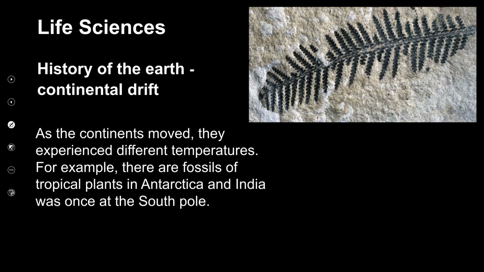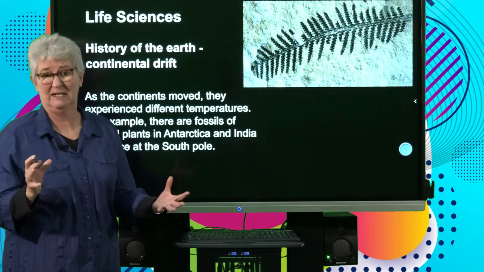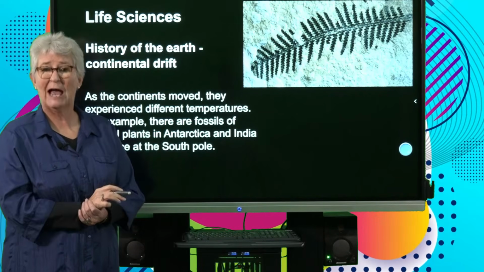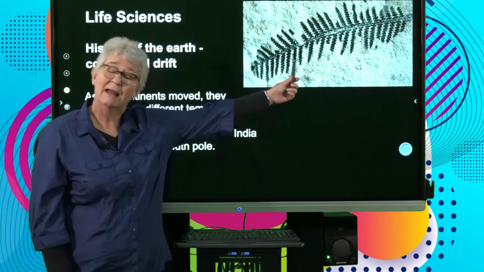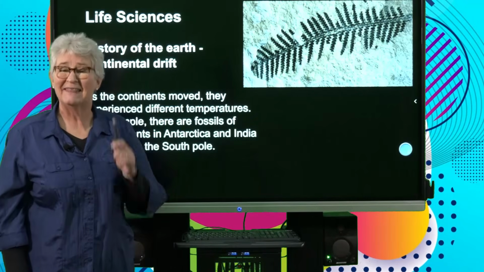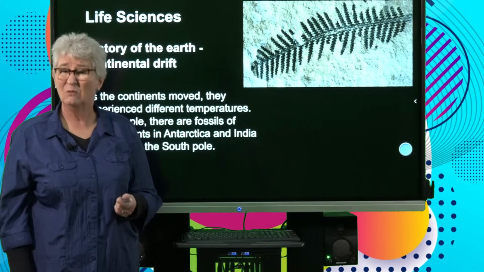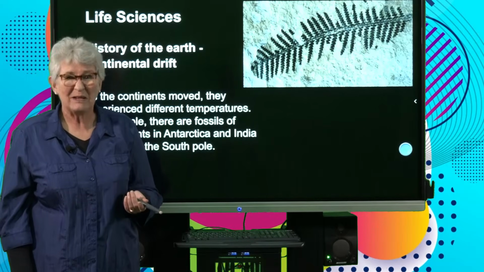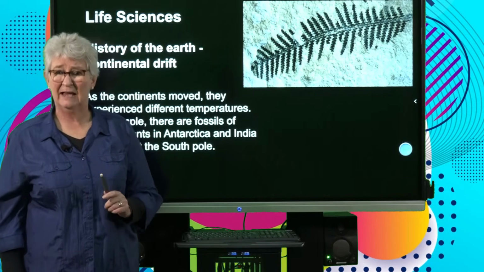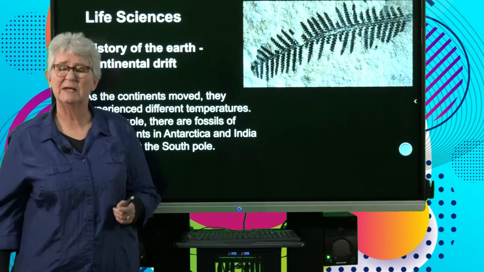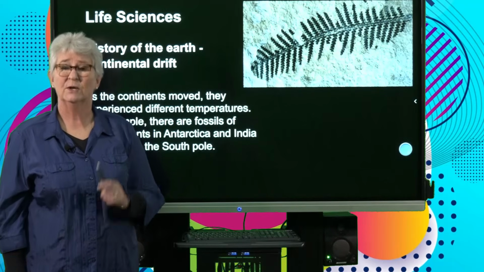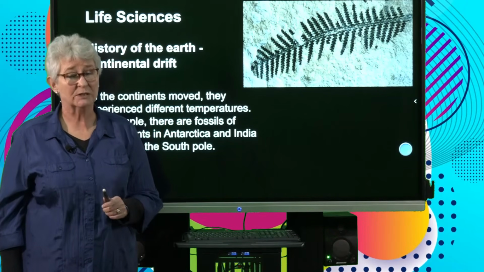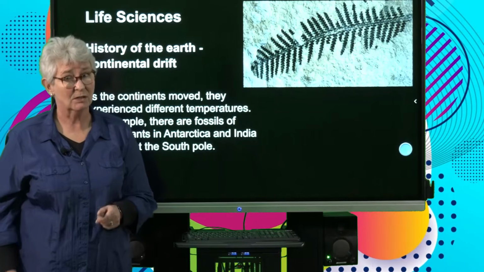And we can see this quite clearly because in Antarctica, which is now covered by a huge ice sheet, they found fossils of tropical plants, like ferns, which tells us that at one time Antarctica was actually a tropical place. India, which is now very, very hot, was at one time in the South Pole. So continental drift changed conditions quite a lot as the continents moved.